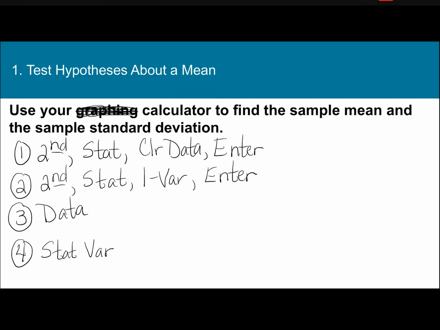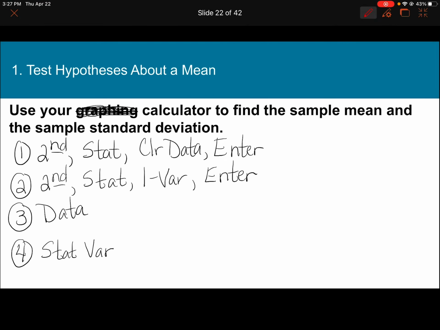You should have that X bar is 78 and S is 15.21. Now these are wait times in the drive-thru, so our units are in seconds.